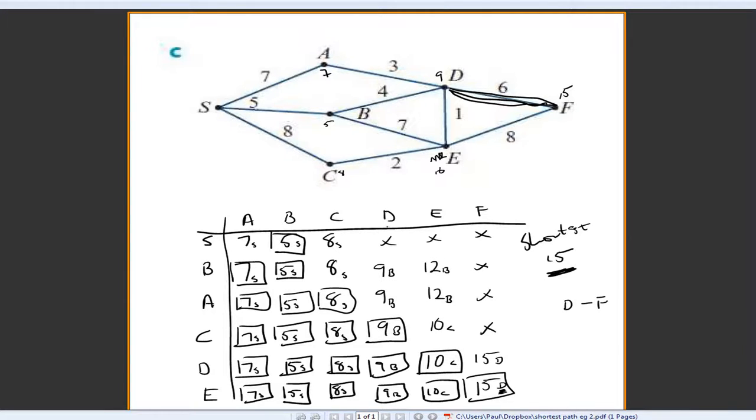Now to get to D, I look down this column here and I know that I came from B. So I came along here. And how did I get to B? Let's have a look. I came from the start. So let's just check it out and make sure it all adds up. 5 plus 4 is 9. 9 plus 6 is 15. So that's our shortest path.